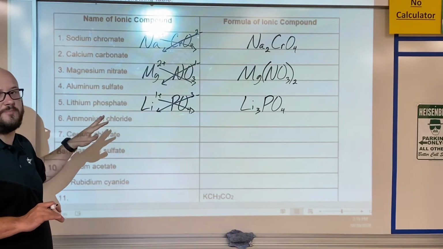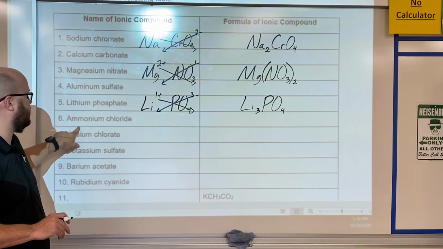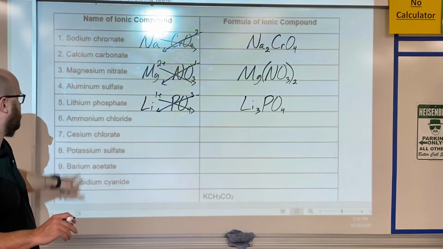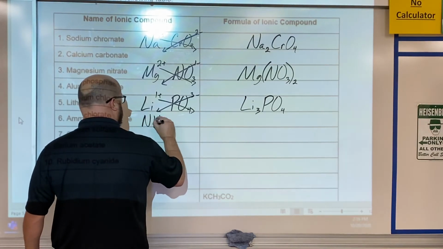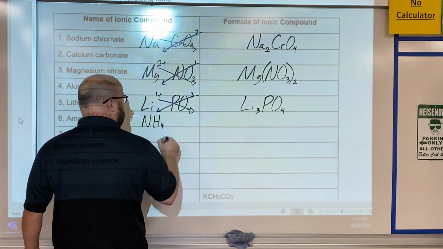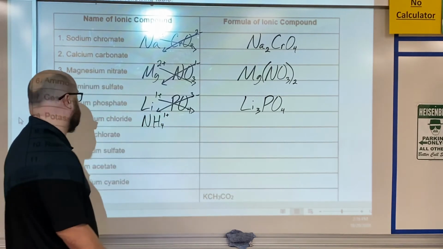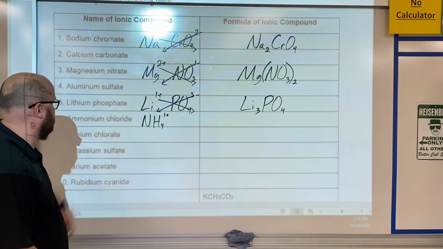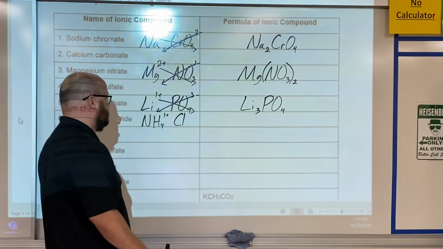This is the one example, the one exception where you can have a polyatomic as your cation. Ammonium is NH4, and it has a 1+ charge. Chloride, we know, is just chlorine, Cl.